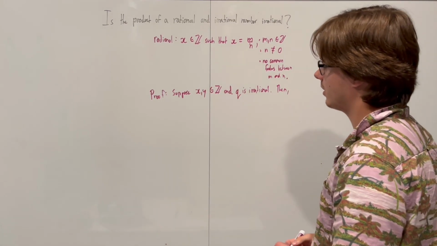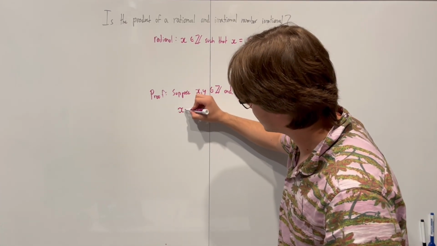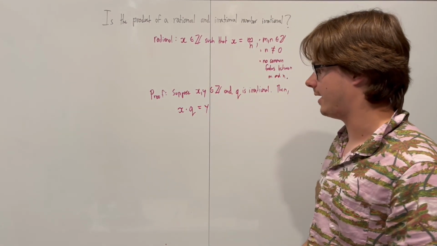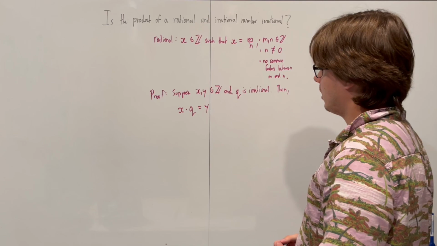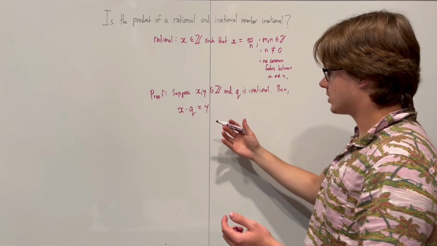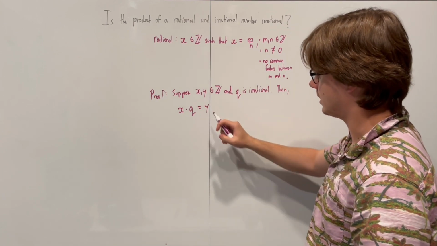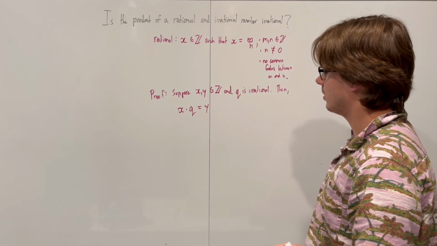Then we're going to say x times q should equal y, right? Okay, that's what we're asking. Rational multiplied by irrational, is that going to equal irrational?